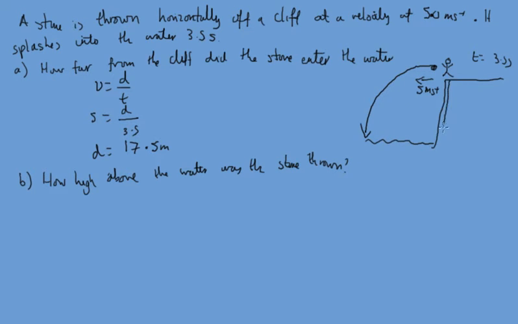So we're basically being asked, how high is this cliff? So we can use the equation of motion again. Again, the initial velocity is 0 in the vertical. S is what we want, and A is the acceleration due to gravity, 9.8, and it's 3.5 seconds squared. Calculating that out is 60 metres, the cliff is 60 metres.